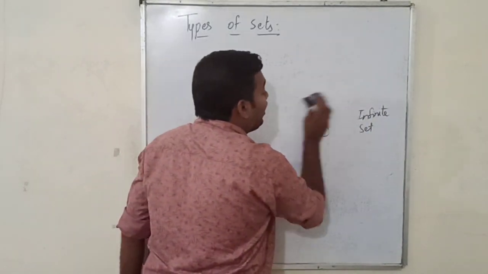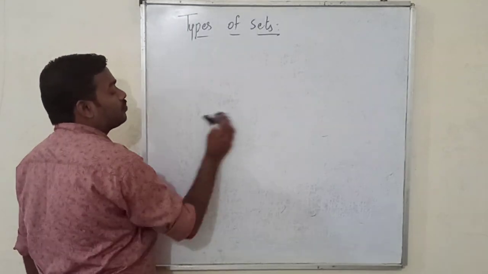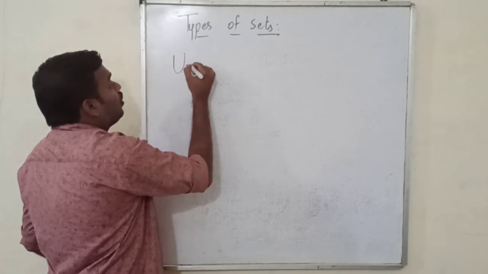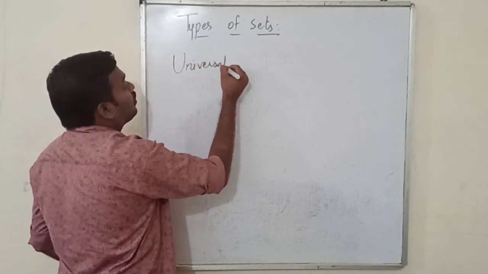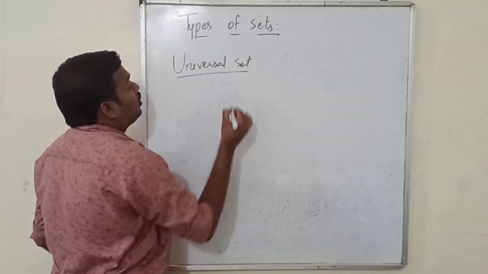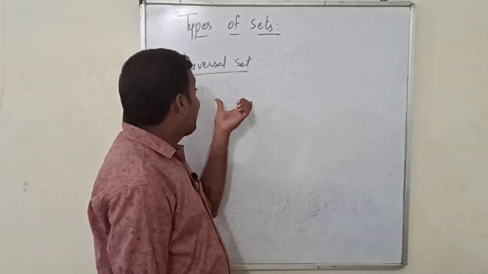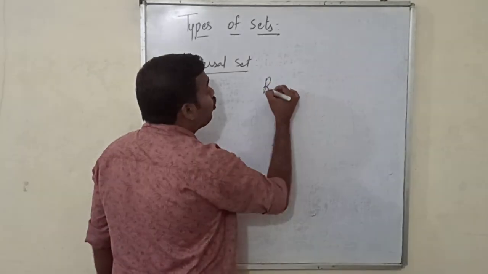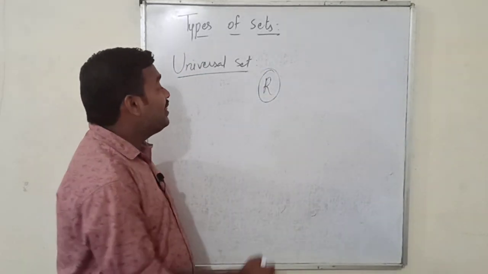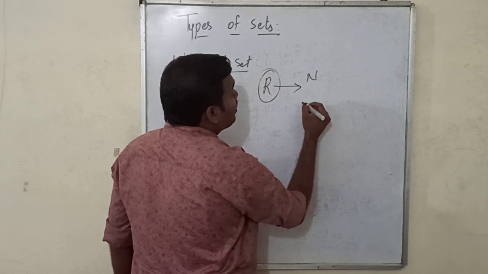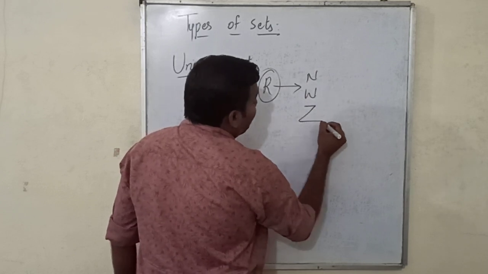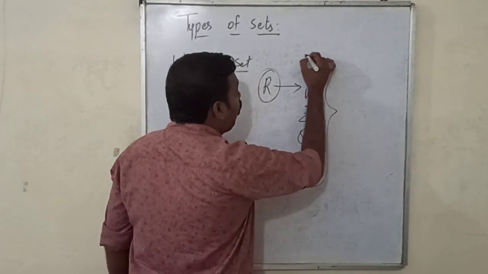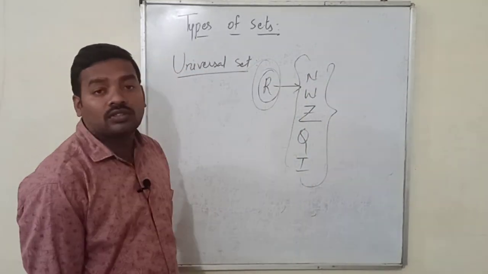Next we shall go for universal set and subset. Universal set is the set which considers all the elements. Suppose you are going for the set of real numbers. In this we have natural numbers, whole numbers, integers, rational numbers, irrational numbers, and all these form real numbers.